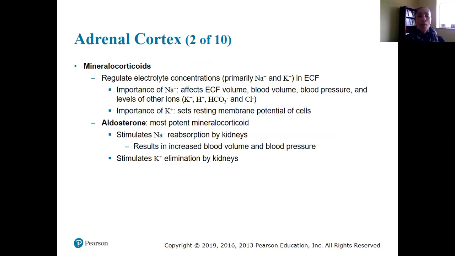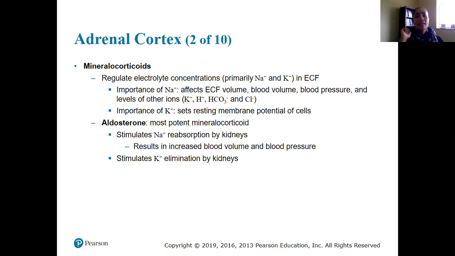Okay, so there are a couple of hormones that I do want to hone in on, and so I'll talk about these and then skip over the other ones that I'm not going to test you on. Aldosterone. So aldosterone is the most potent mineral corticoid that I do want you to remember.